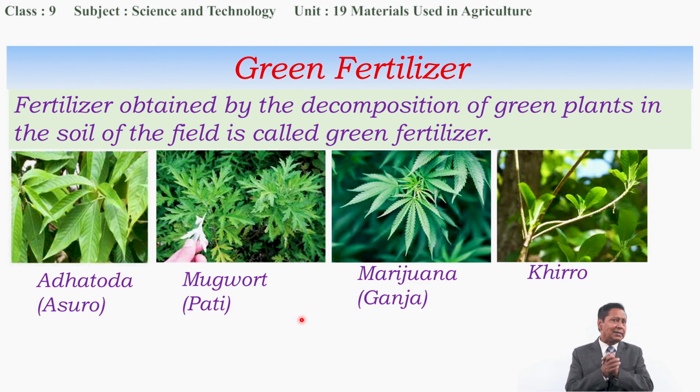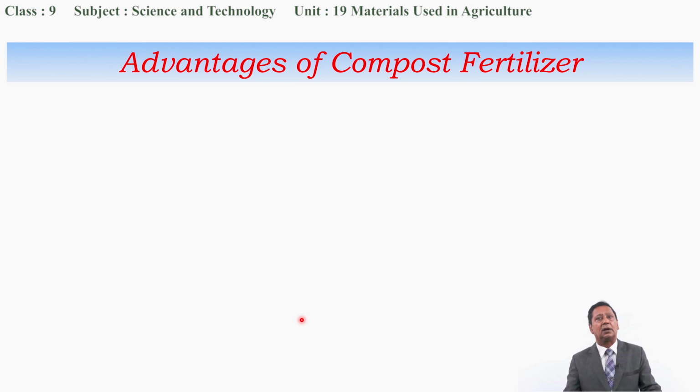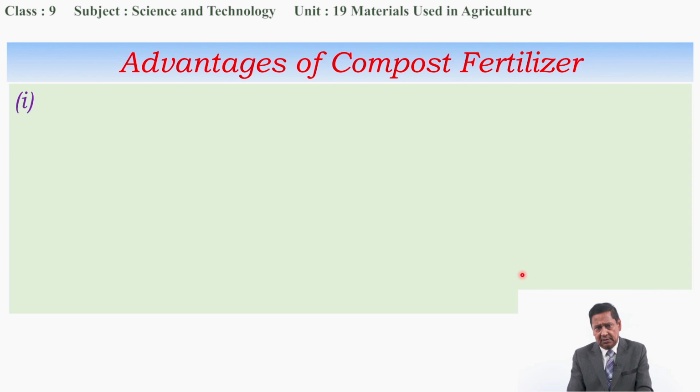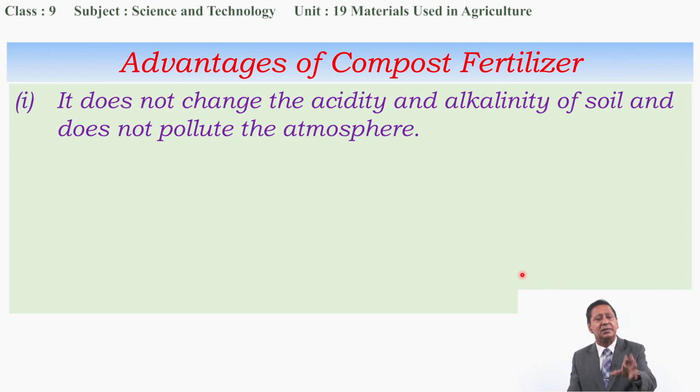Now, what are the advantages of this organic fertilizer, or we can say compost fertilizer, which is widely used in all the fields in the rural areas? We can say that it does not change the acidity and alkalinity of soil and does not pollute the atmosphere.